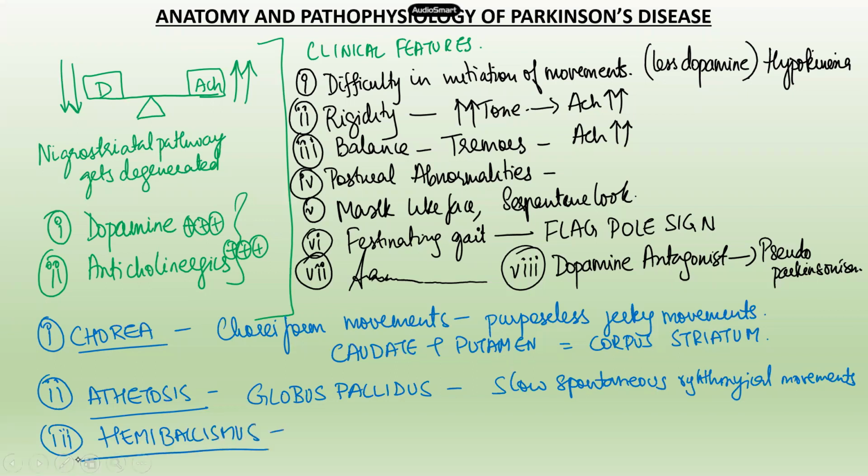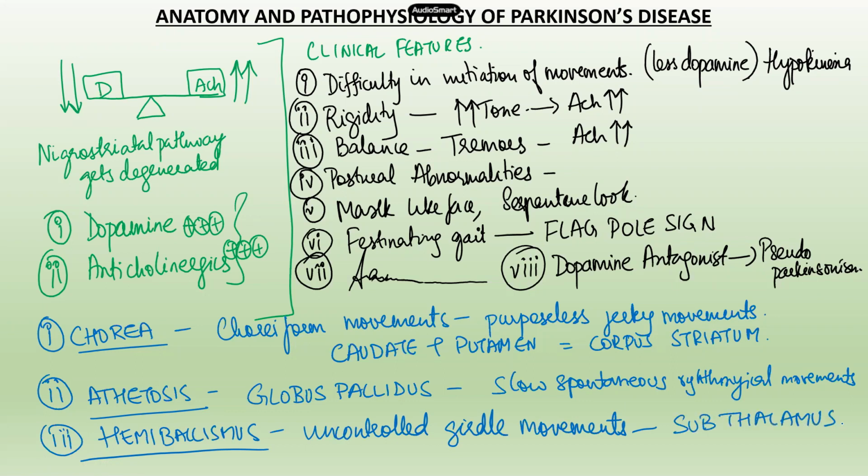Now, hemiballismus is actually uncontrolled girdle movements. And the pathology occurs in the subthalamus. And lastly, we have studied Parkinson's disease. The pathology is in your substantia nigra.